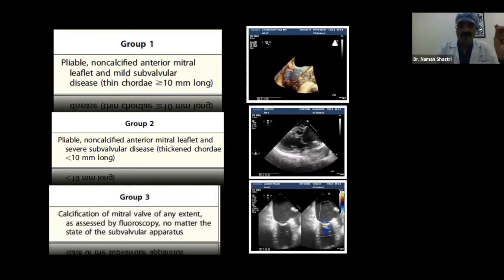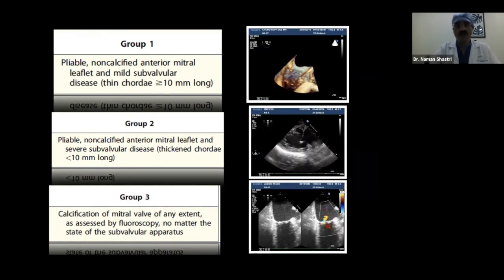If the patient's anteromitral leaflet is still pliable and non-calcified, but the subvalvular disease is significantly involved, the cord is thickened and less than 10 millimeter, still the anteromitral leaflet is preserved, non-calcific and pliable, so you can go for the repair.